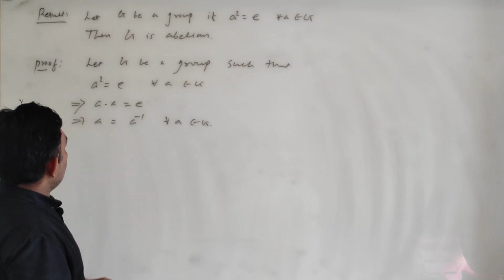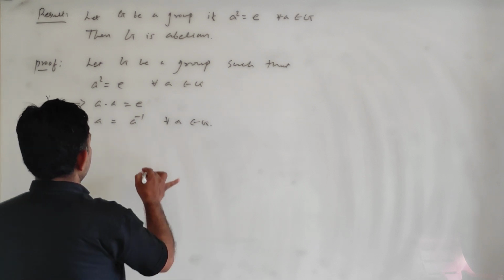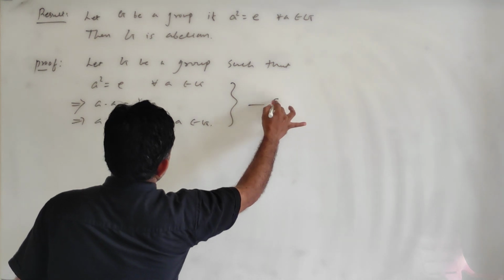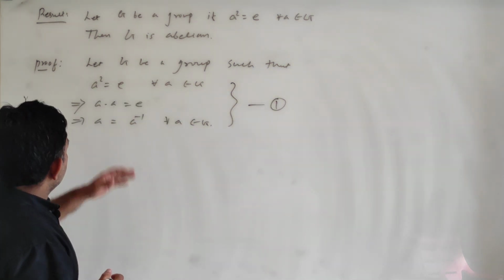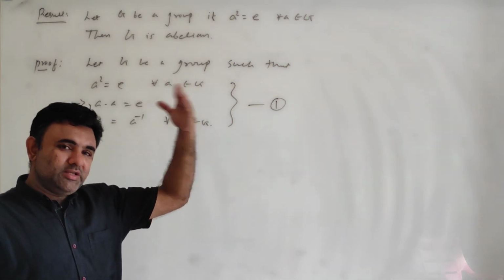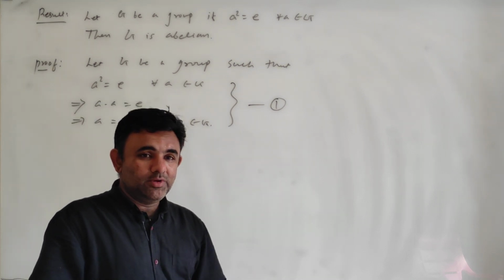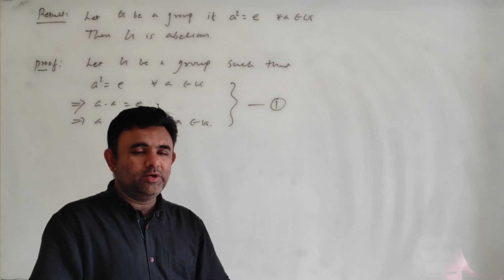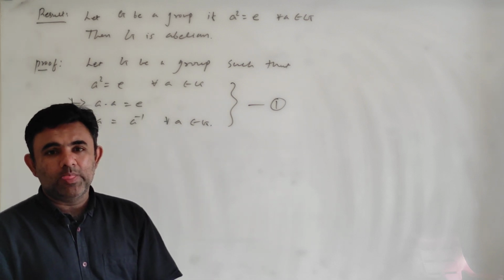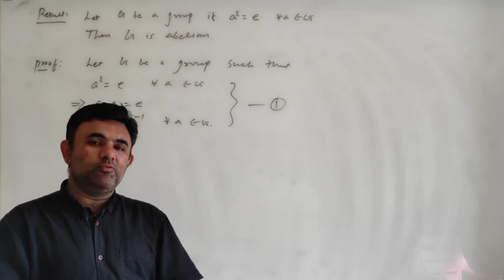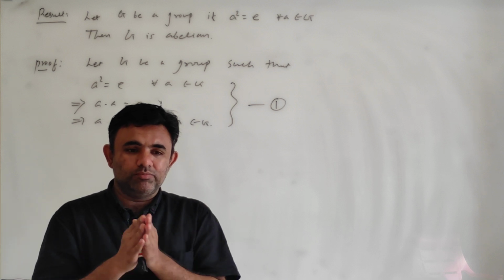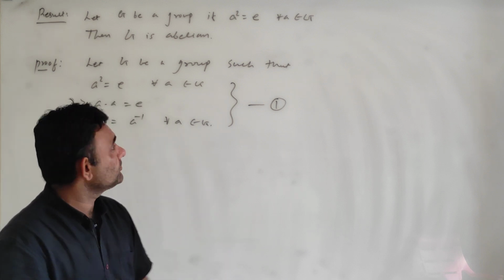Okay, but I have this information, so let me say this is result number 1. a square is equal to identity for all a belongs to G is equivalent to: element and its inverse are same. So we are dealing with a group in which every element is self-invertible, meaning the inverse of every element is itself.